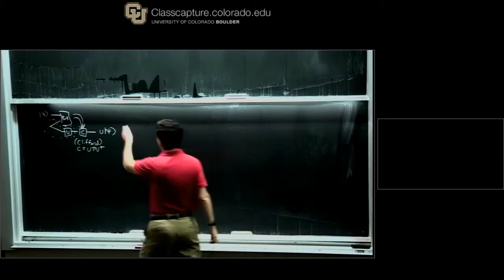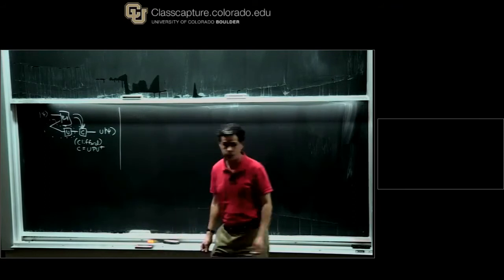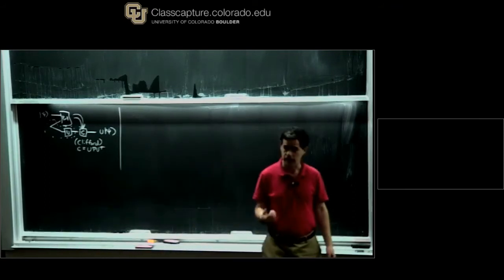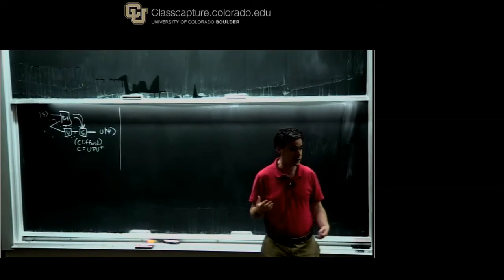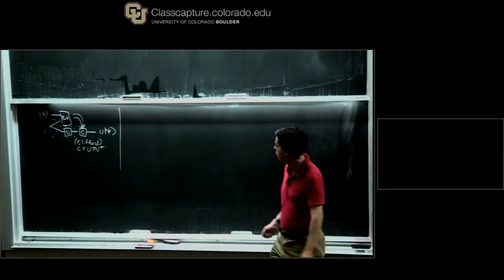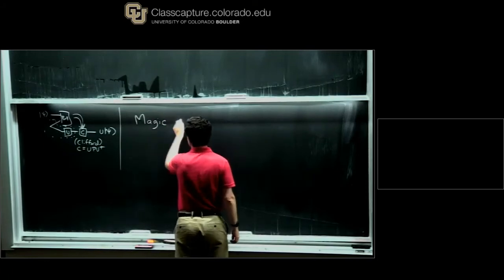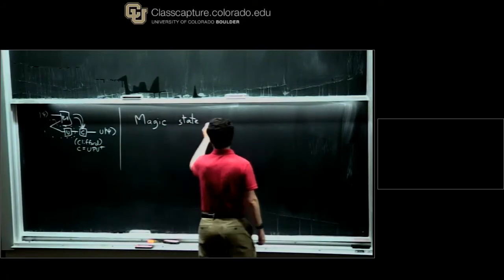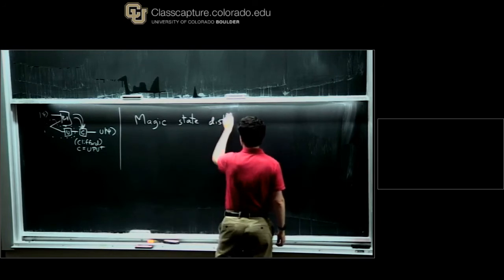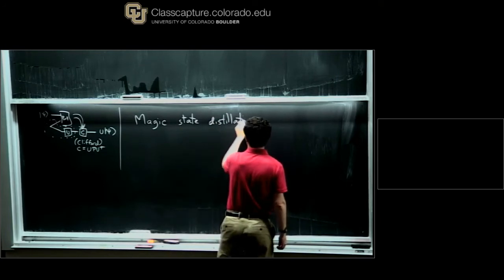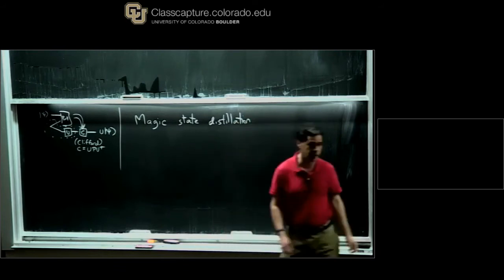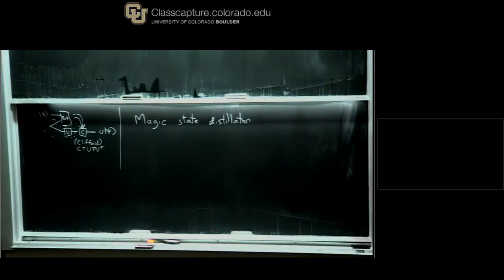There's a couple of different techniques for doing this, but probably the dominant one that people are using in analyses today is what's called magic state distillation. You remember that when I was telling you how to make logical zero states as fault-tolerant state preparation, I said we'll make a couple of them and we'll compare them against each other to see if there's errors, right?